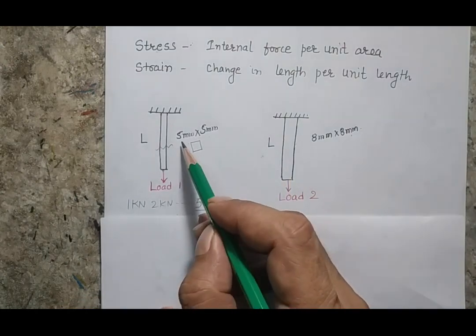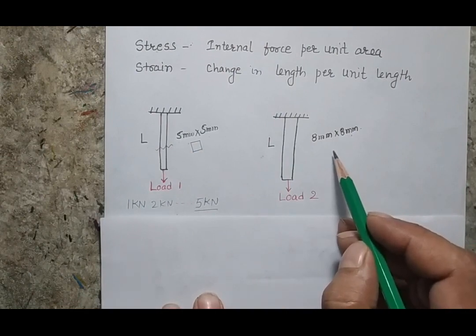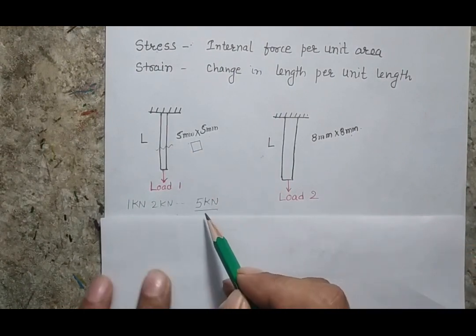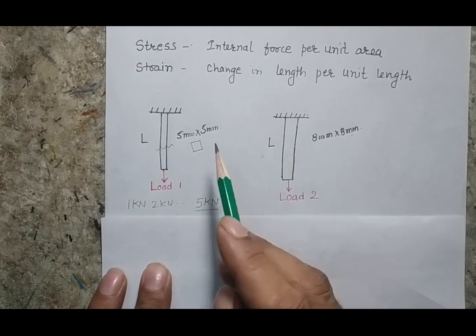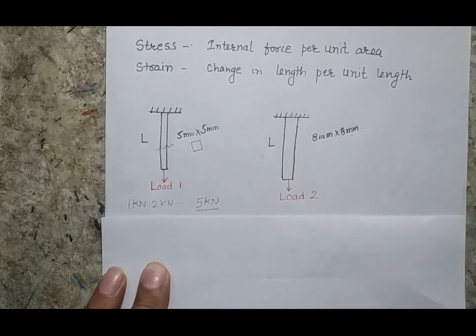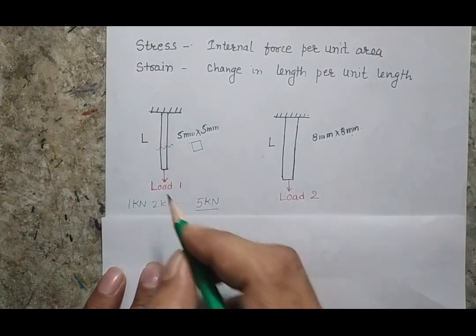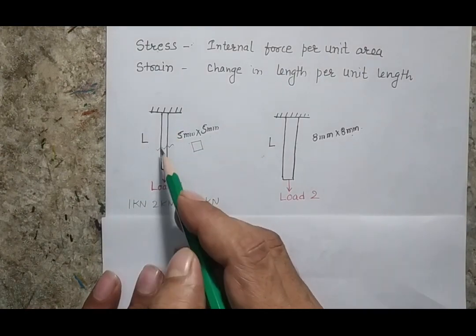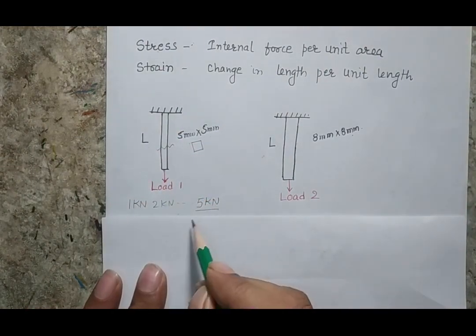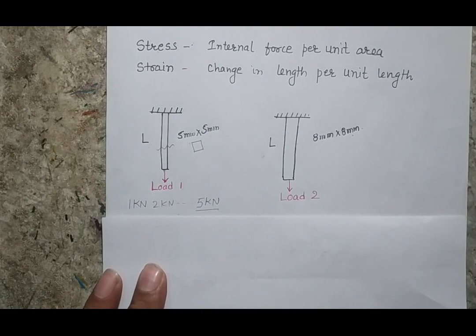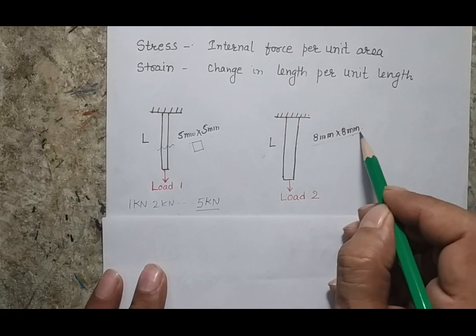Definitely, as the cross section of the second bar is greater than the first bar, this loading value will also be more than for the first bar. That means if I want to state a failure condition for a particular member, the force value is not sufficient. I have to tell something more, which also depends on the cross section of the body.